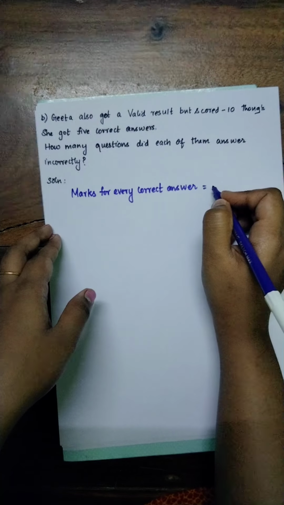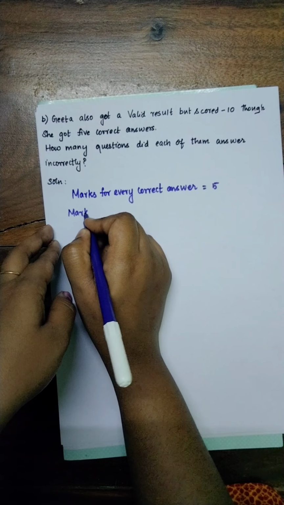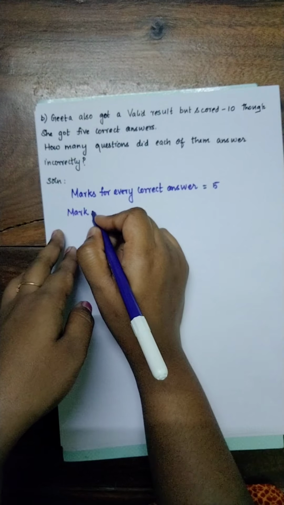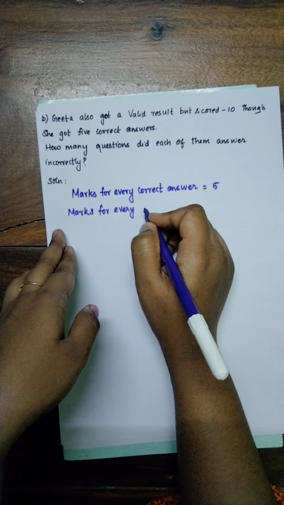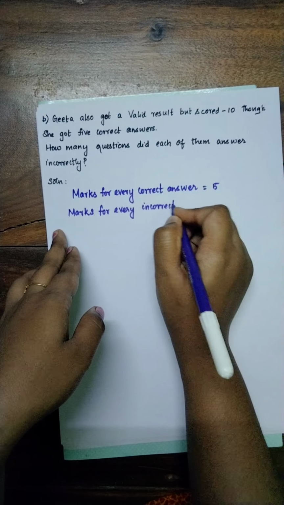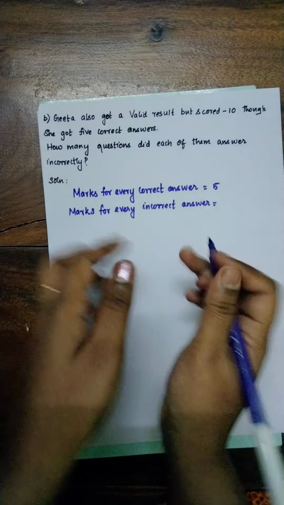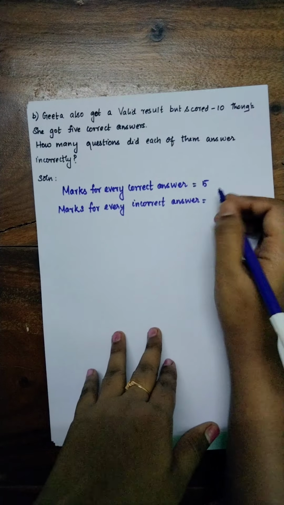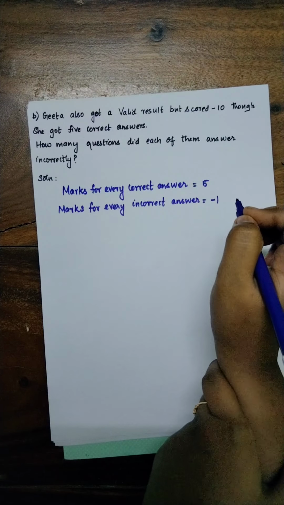It is 5 marks. Next, marks for every wrong or incorrect answer. How many marks are they reducing? 1 mark. So write it as minus 1, because they are reducing 1 mark.